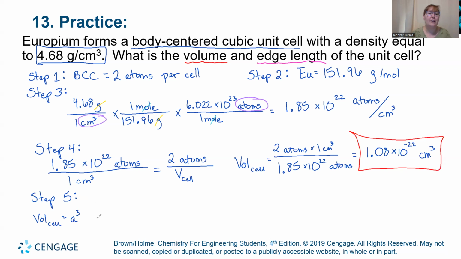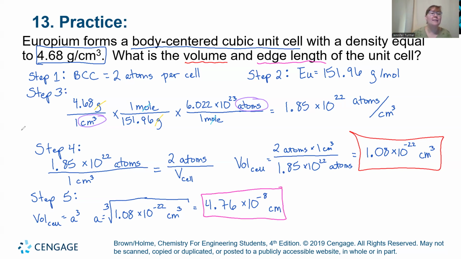So we can find our edge length A by taking the cube root of our volume, 1.08 times 10 to the negative 22 centimeters cubed. And that will give us an edge length of 4.76 times 10 to the negative 8 centimeters. And there we have our second answer for edge length.